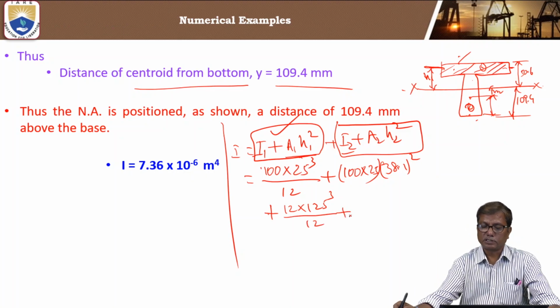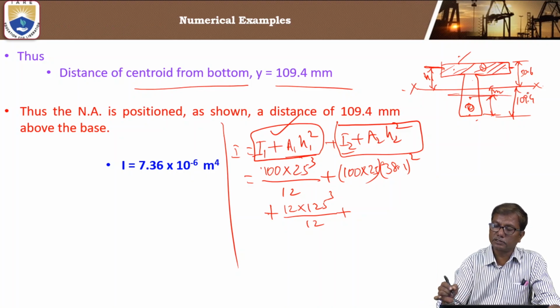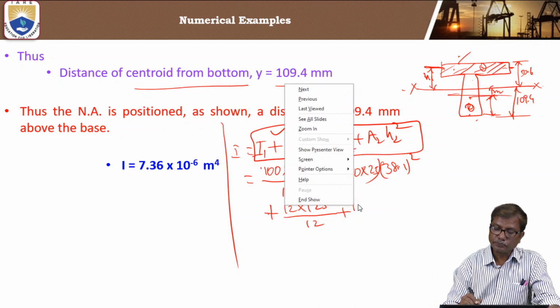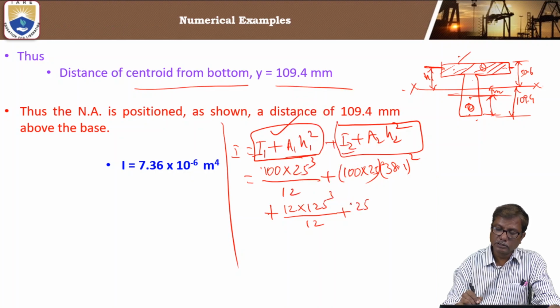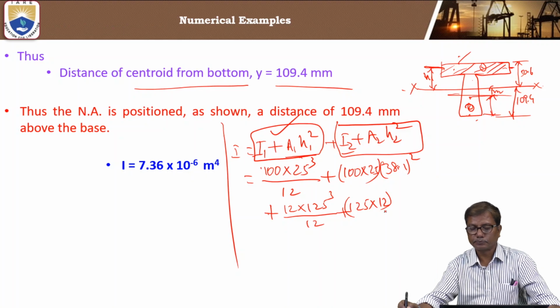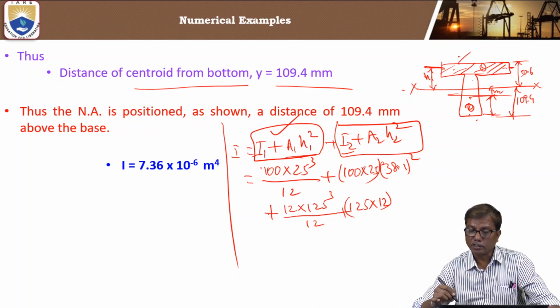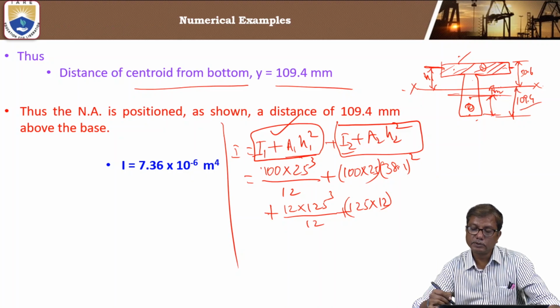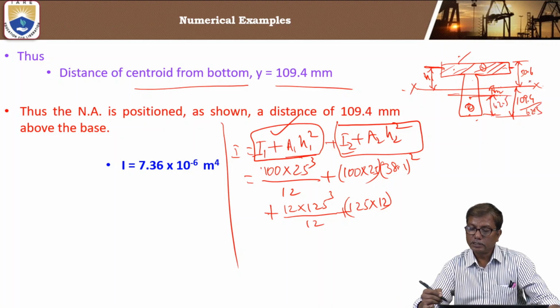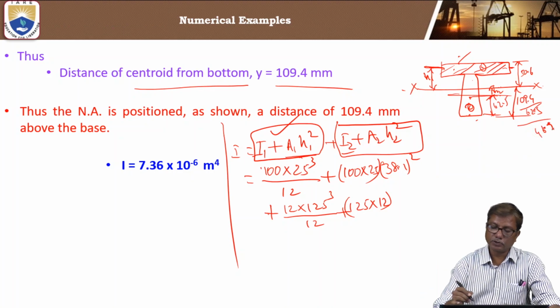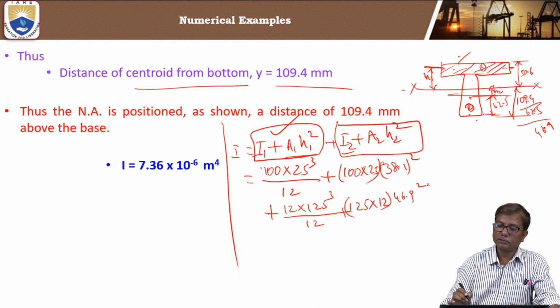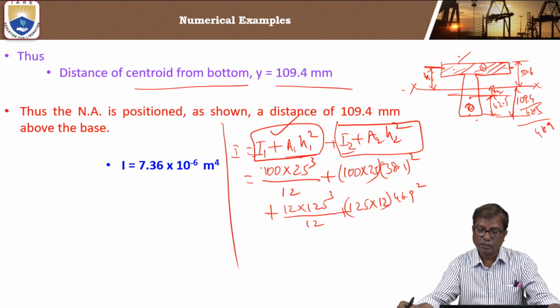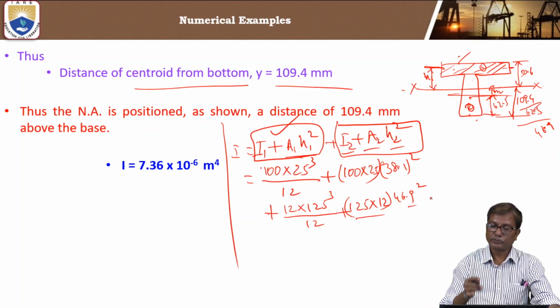So it's the centroidal moment of inertia of web about its centroidal axis, plus area is 125 into 12 into h2 square. h2 is this distance, which is 109.4 minus 62.5, because this is 62.5. So the distance is 46.9, 46.9 square.